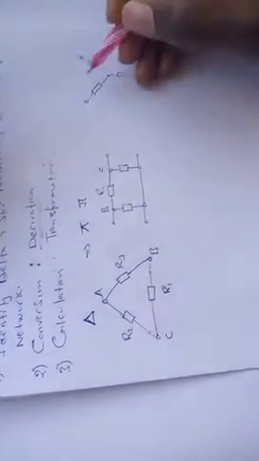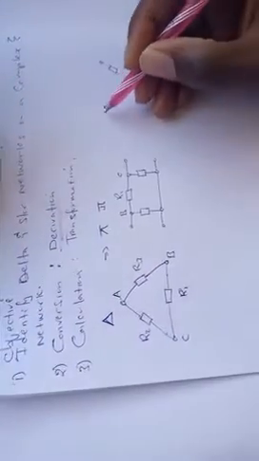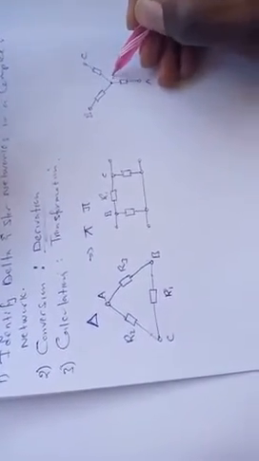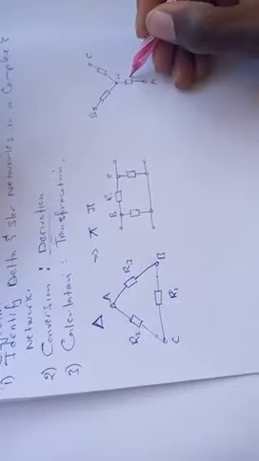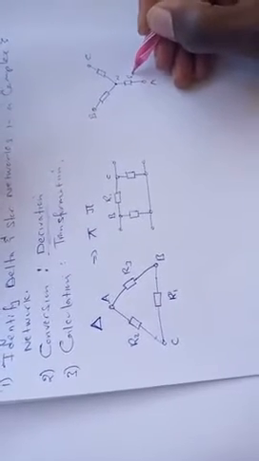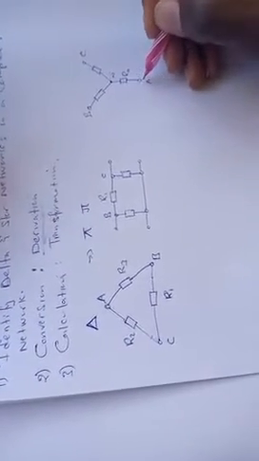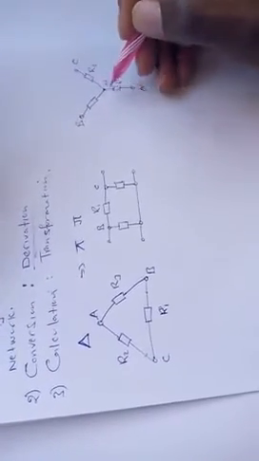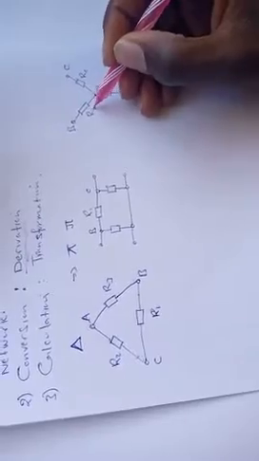So we can just say this is A, B, C. There is a neutral. And here I can say RA, since it is near to terminal A. This has RC because it's near to terminal C. That is RB.